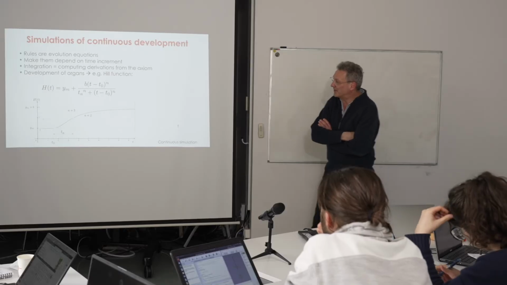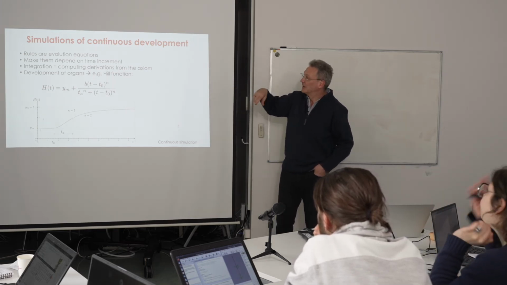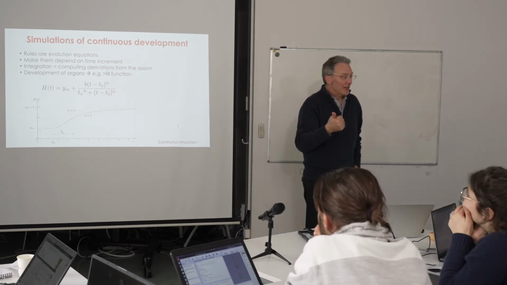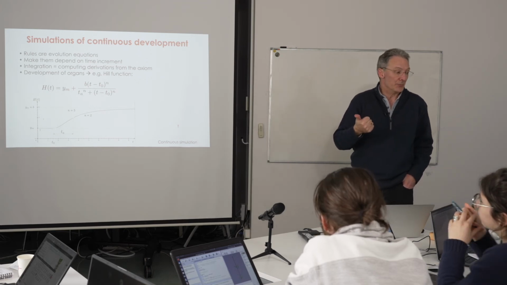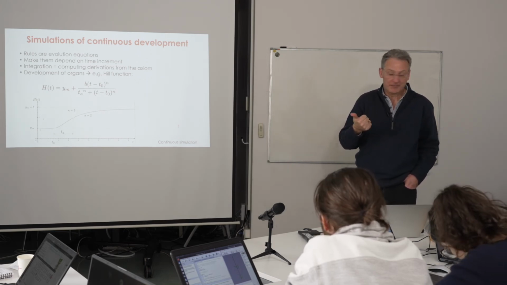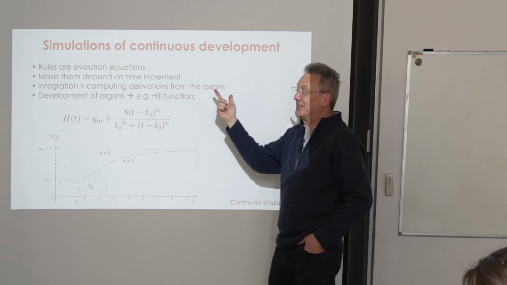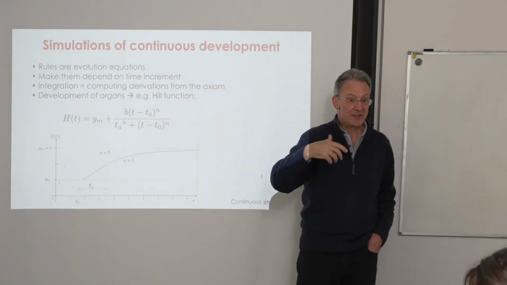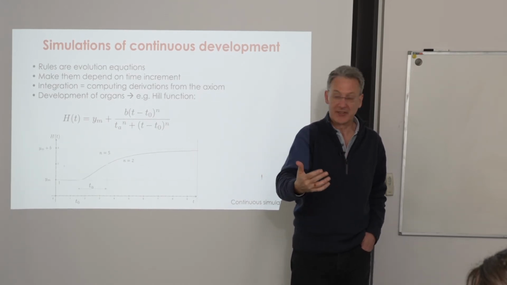In order to do this, we are going to follow this scheme. First, I remind you that the rules are actually the evolution equations of the system. We are going to make them depend on time increment so that the evolution actually represents the progression in time.